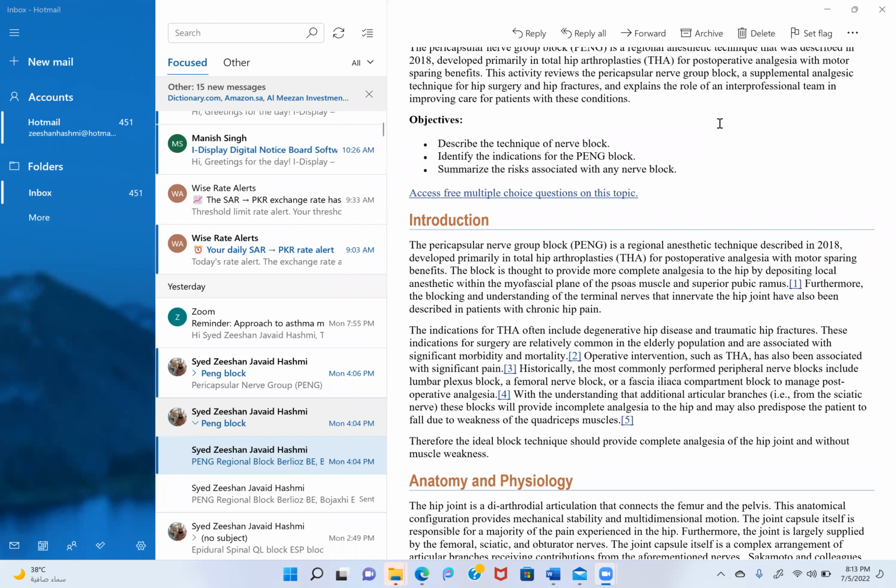This is one important thing you should know. And the rationale is that you are blocking the joint nerves, the branches of the three major nerves which I told you. It is not only for hip fractures, but also for degenerative hip disease.